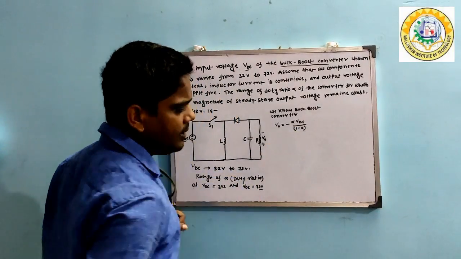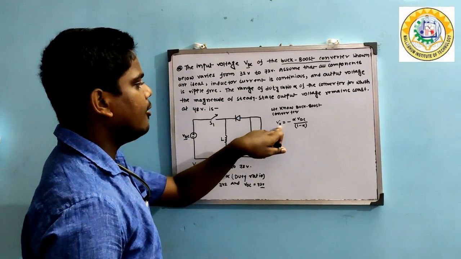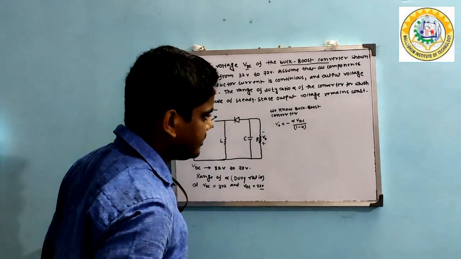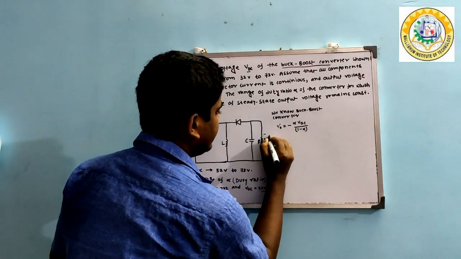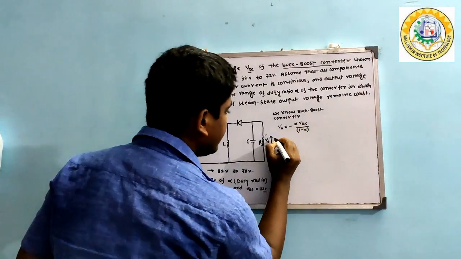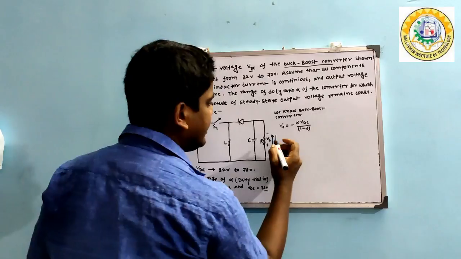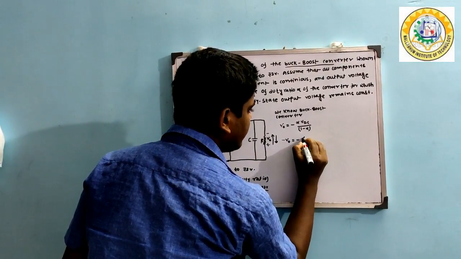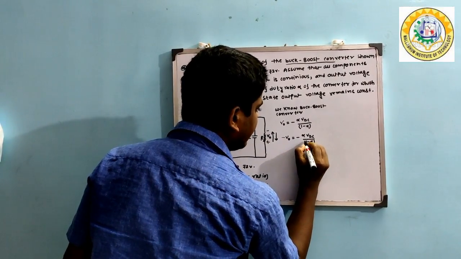Here alpha means duty ratio, VDC means input voltage and output voltage is V0. In this question the output voltage direction is upward, but we take the output voltage direction downward. That's why we take the output voltage as minus V0. Minus V0 equals minus alpha VDC divided by 1 minus alpha.